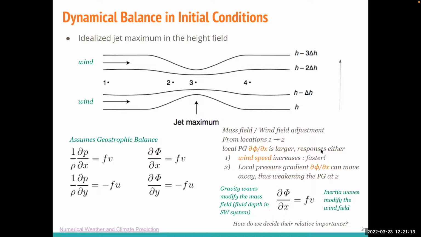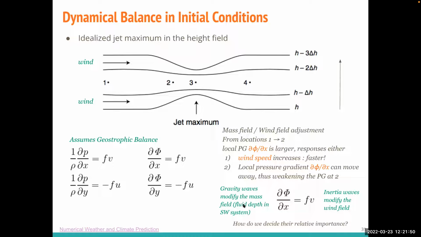So there are two responses your model could give you. The first one: if this term is larger, then your wind could be larger. Okay, I think I put down the wrong equation here. It should be partial, this one. So if your pressure gradient is larger, then your wind is larger. Or your pressure gradient can move away, thus weakening the pressure gradient at 2.